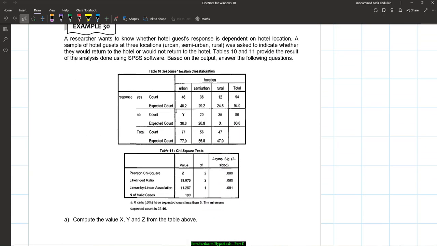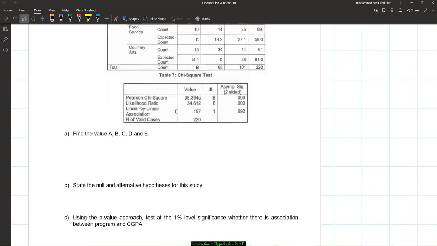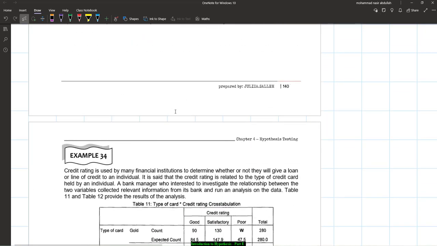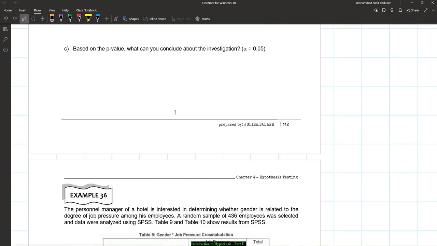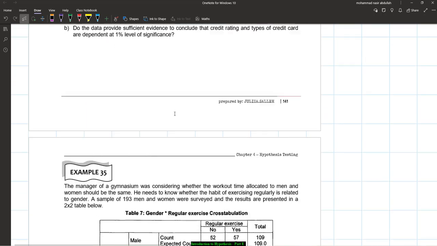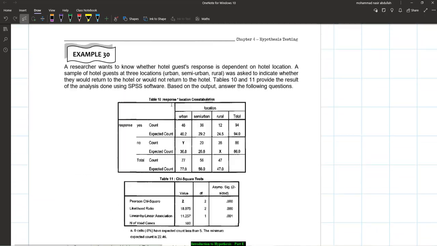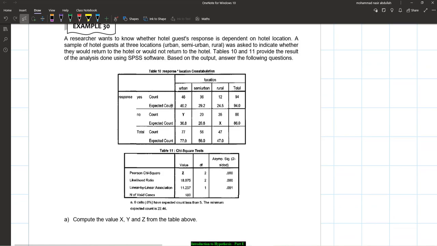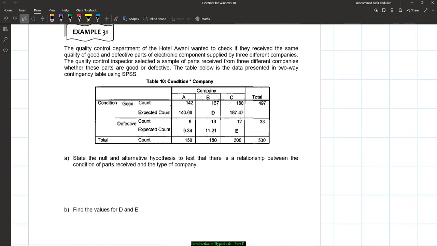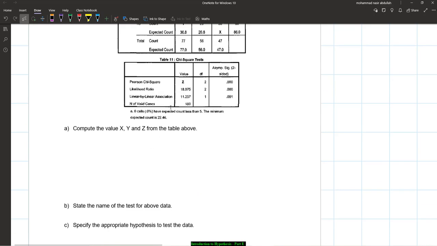Okay, so we have a lot of examples here until example number 36, right? So I'm not going to go through every example. Let's say I'm going to pick another example.